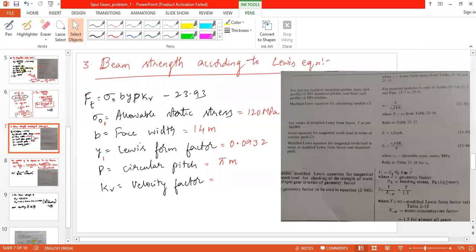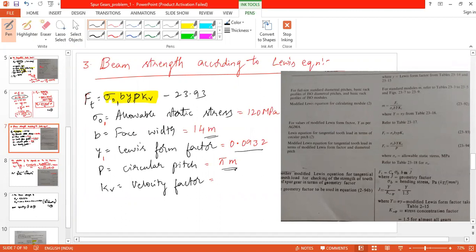The beam strength equation is Ft equal to sigma O by P kV, where sigma O becomes sigma O1 because the pinion is the weaker member, and b is the face width, equal to 14 times the module, as given in the question. Y becomes Y1, the Lewis form factor of the pinion, 0.0932.